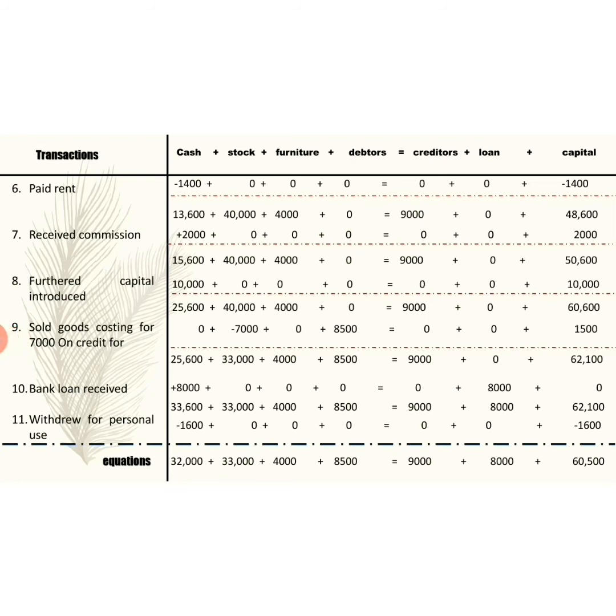So if you pay the operating expenses, that is the day-to-day expenses to run a business, like paying rent or even buying stationery, you have to show it in the cash column as well as the capital column, because the cash is paid by the proprietor from his capital.